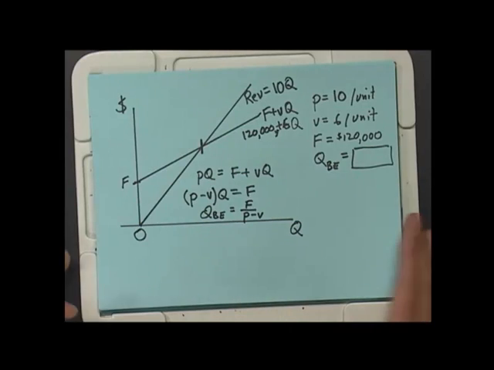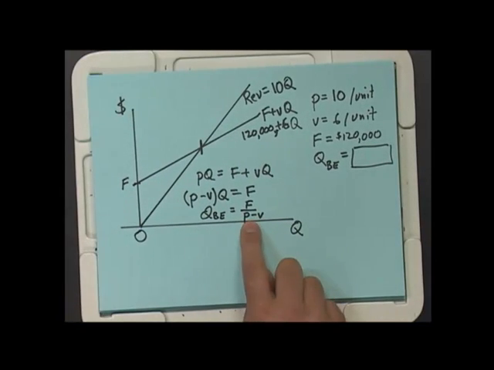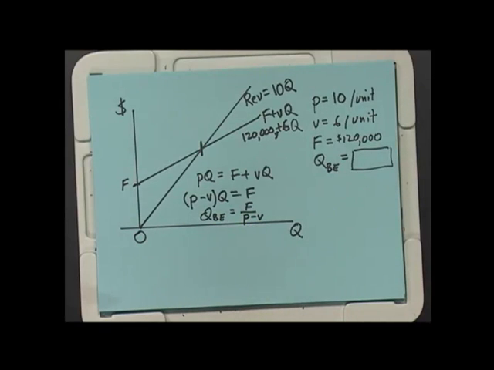Okay, just one key term here: P minus V is the unit contribution margin. It's how much selling one more unit is going to contribute to, first, chipping away at our fixed costs, and second, actually getting us into profit.